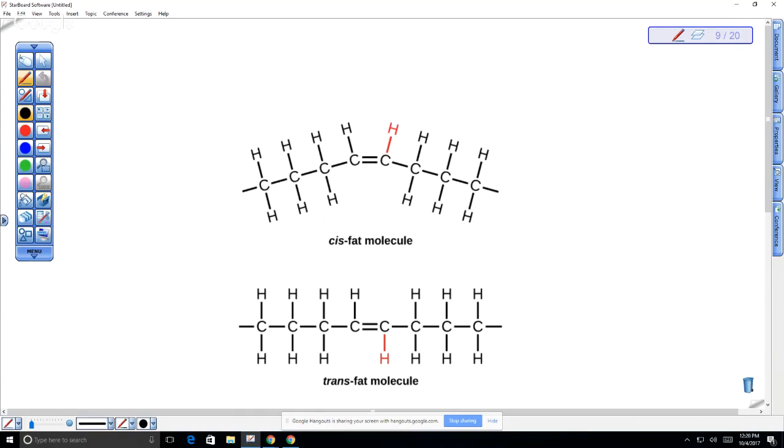Which one do you want to try to avoid consuming? Trans fats, right? So cis fats are better for you. Trans fats are linked to cardiovascular diseases like atherosclerosis, heart attacks, and those kinds of things. Okay. Any questions about trans fats? Any questions about triglycerides?